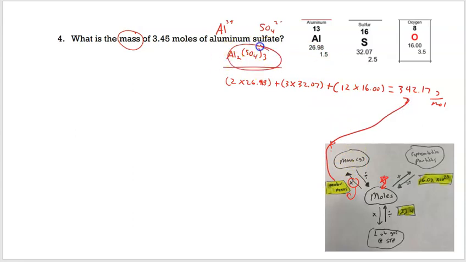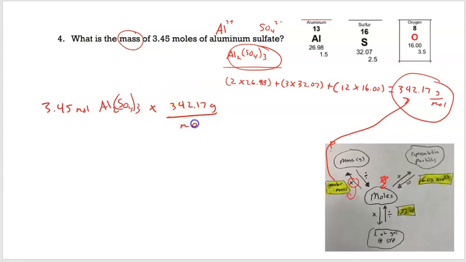of aluminum sulfate. Okay, so now I'm going to take 3.45 moles times, because I'm going from moles to mass, which means I multiply 342.17 grams per mole. So let's write that down. Times 342.17 grams per mole.